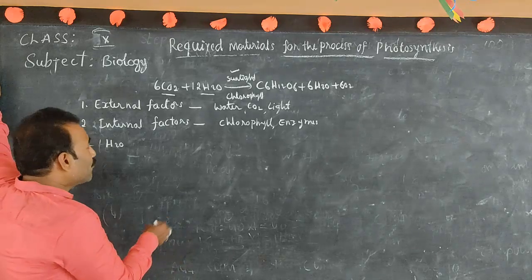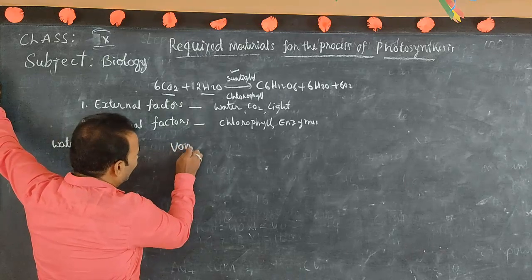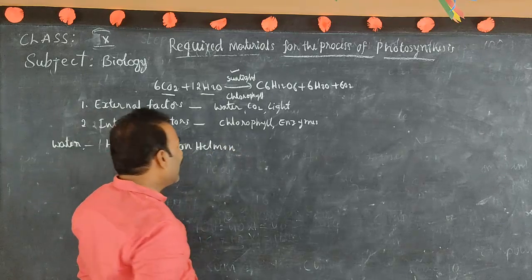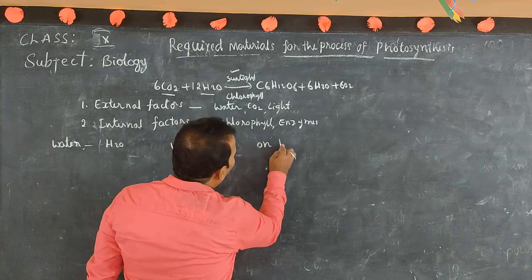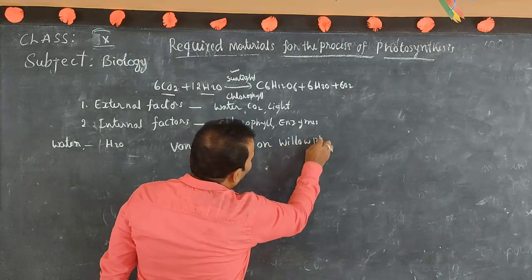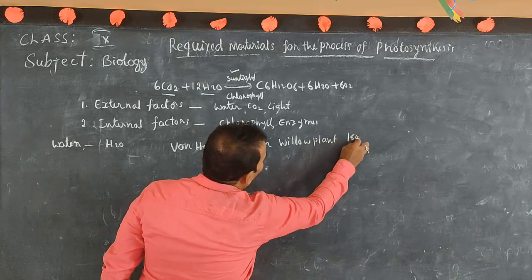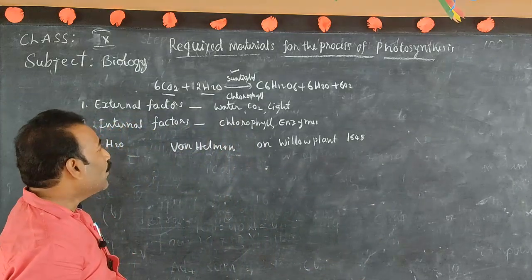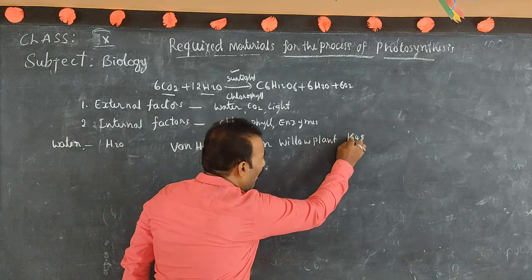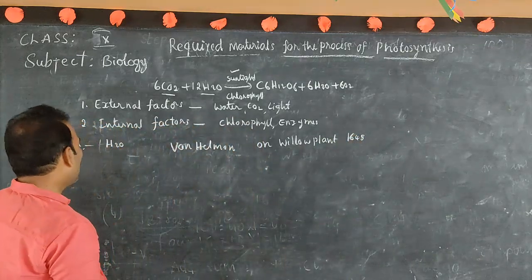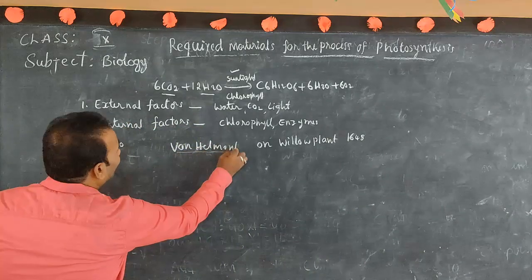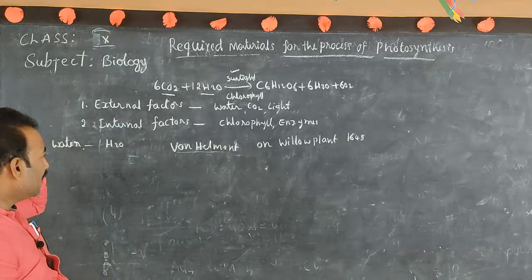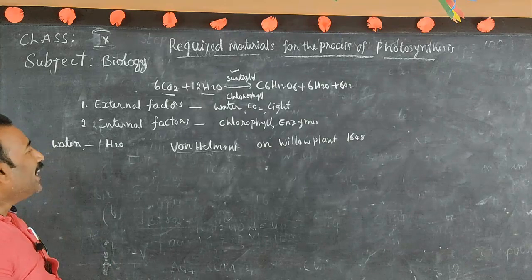It was first proved by Von Helmont, who conducted an experiment on a willow plant in the year 1648, and he proved that water is essential to increase the plant mass.